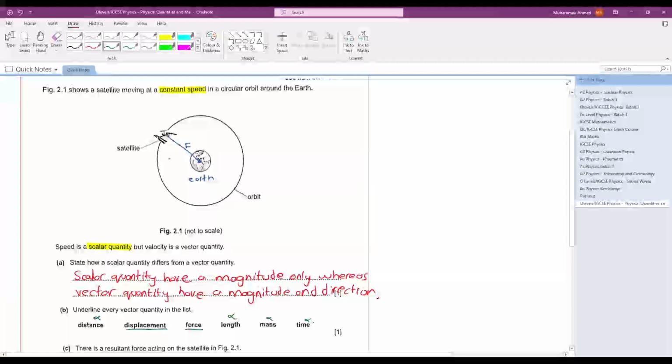Because if you monitor the motion of the satellite closely, it is moving, or you can say it is displacing.